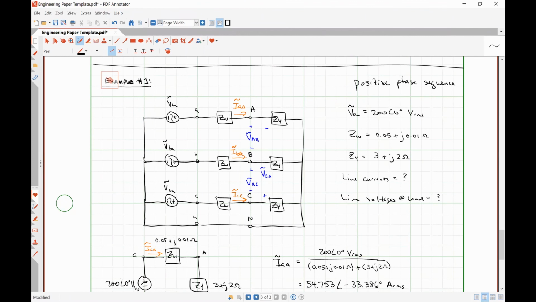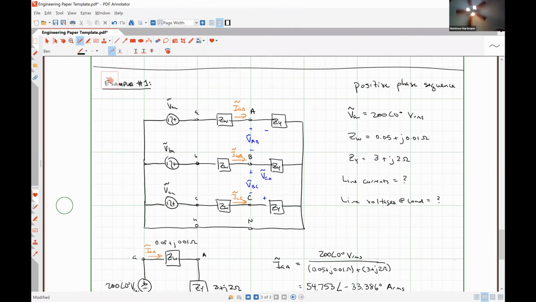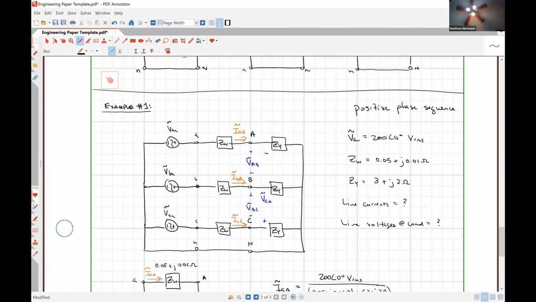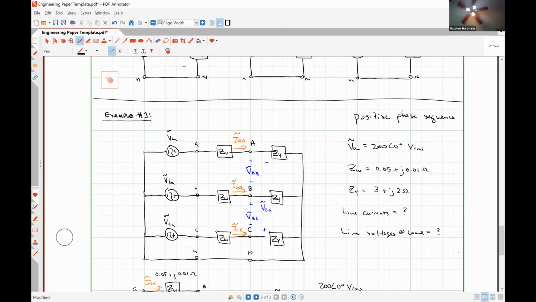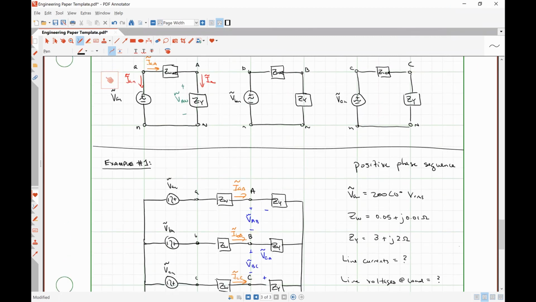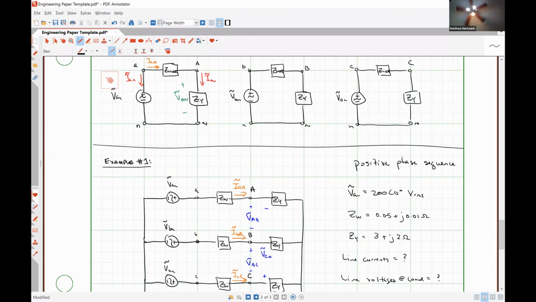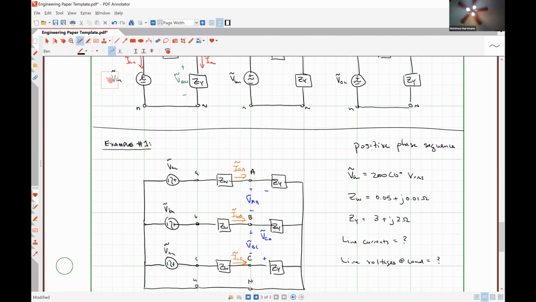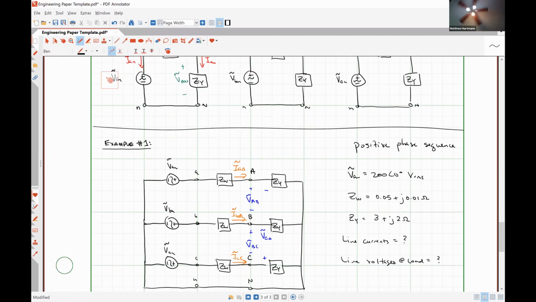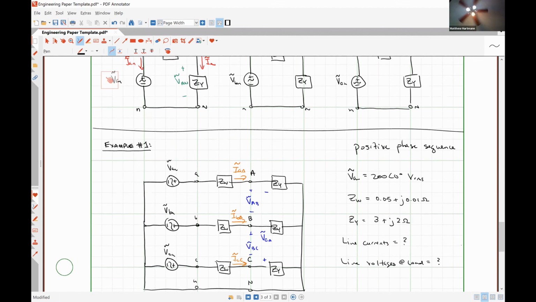All right. Yeah. So we're trying to figure out how to get our line voltages at our load. And line voltages don't exist in our single phase equivalent circuit because there's not two transmission lines to measure the voltage across in our single phase equivalent circuit, right?